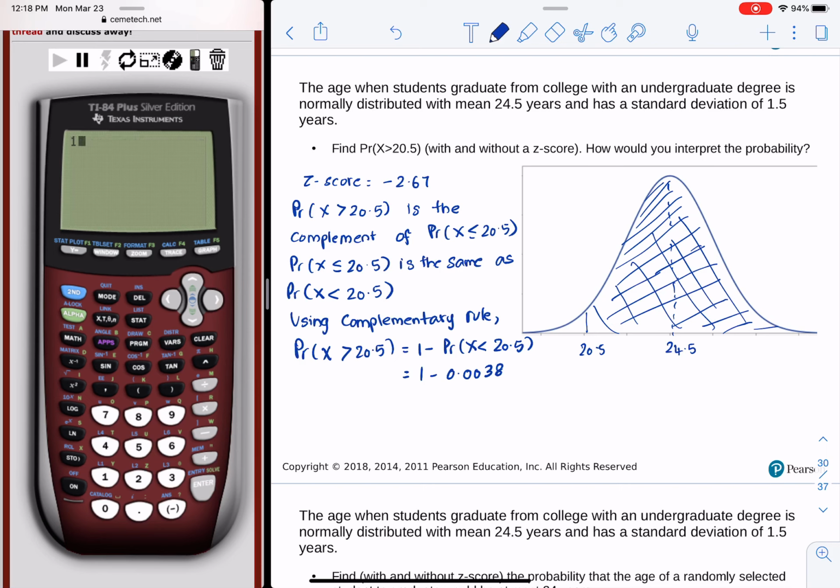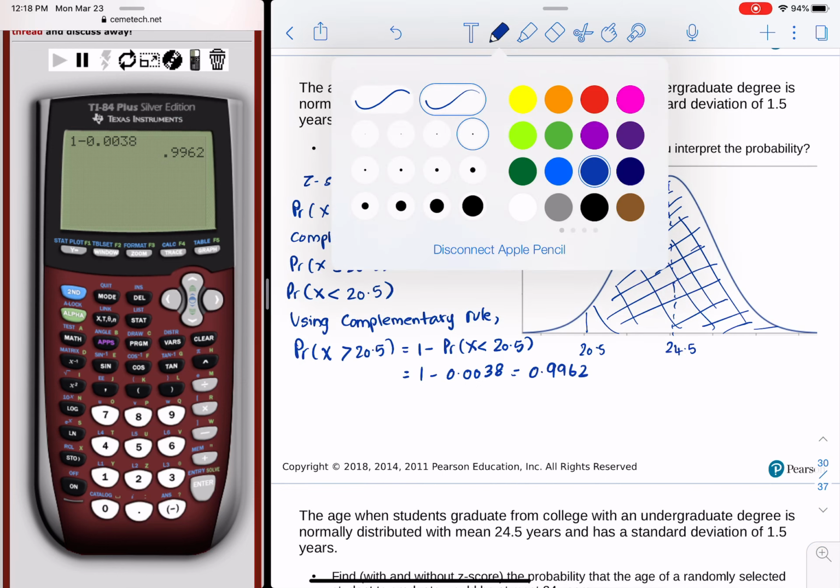So 1 minus 0.0038 would give us 0.9962. Let's see if we get the same answer using the other approaches.